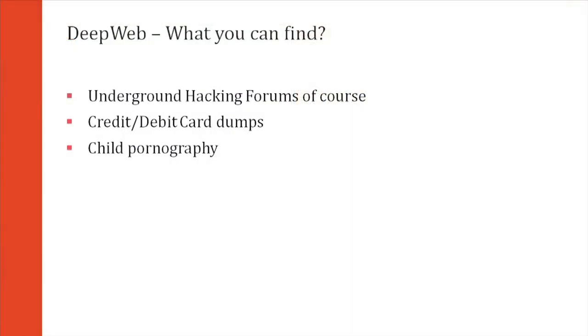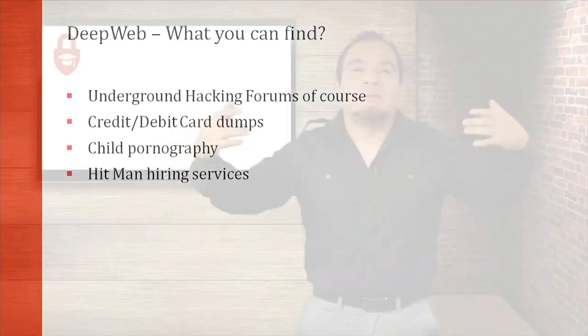Child pornography, that's why the FBI is there, and that's why it's good to have them, to trace these guys. Hitman hiring services. Can you imagine hiring a hitman? It's really scary, right? No one is going to say, hey, I can kill anyone, just give me a phone call. Obviously, it's something that must be hidden, and that's the reason. Drugs for sale online are also very common.